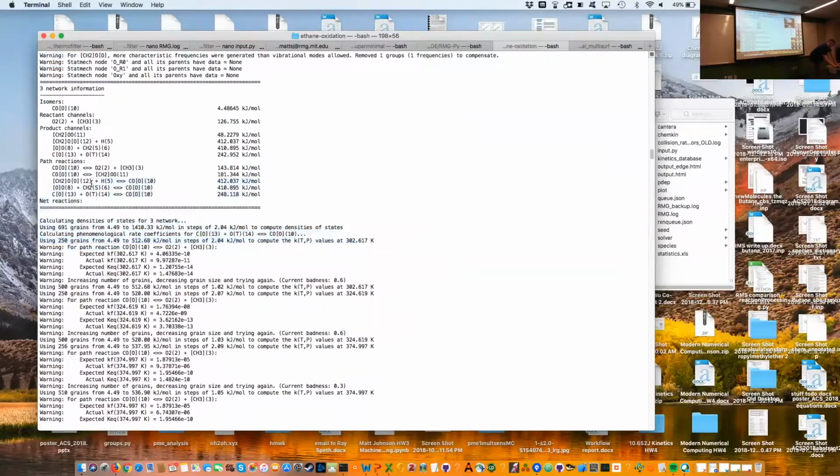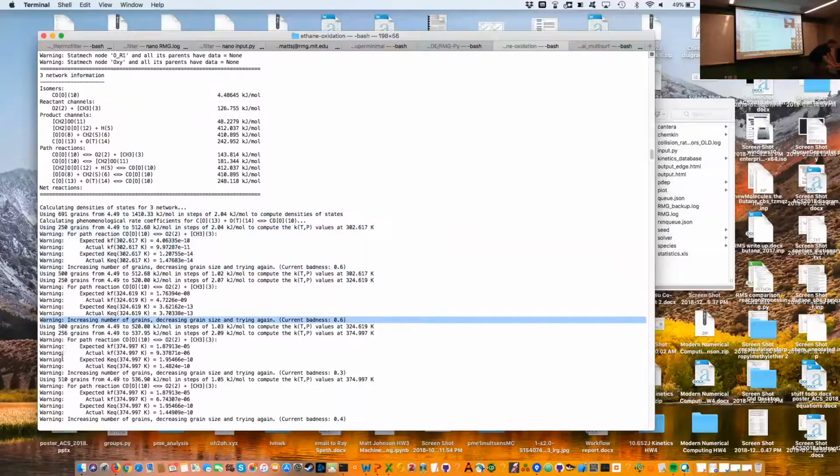And so that's the discretization of the energy continuum that Bill was talking about. Initially, the estimate is very far from the expected value, so then it increases the fineness of the energy discretization to improve the estimate. And then eventually it gets close enough and it stops.